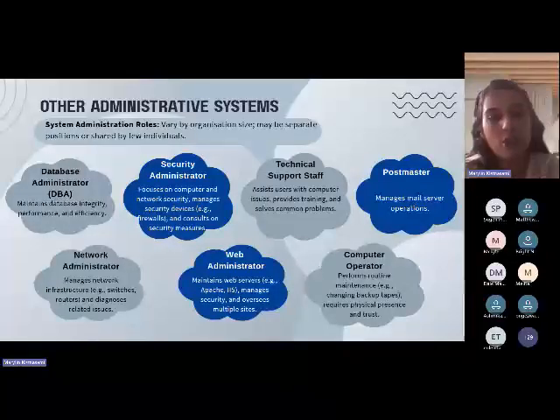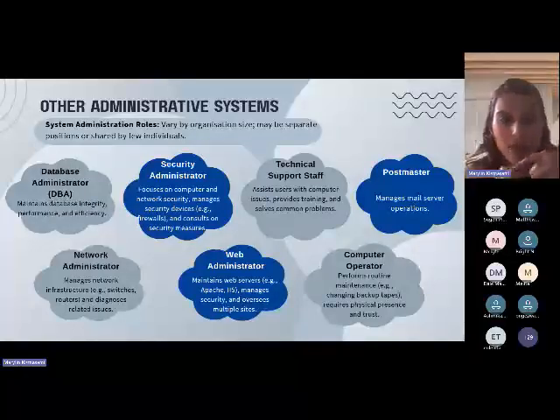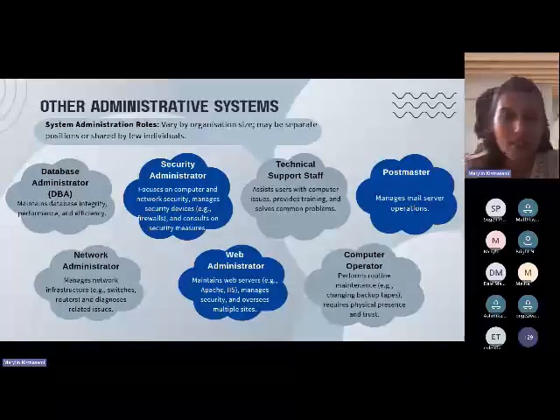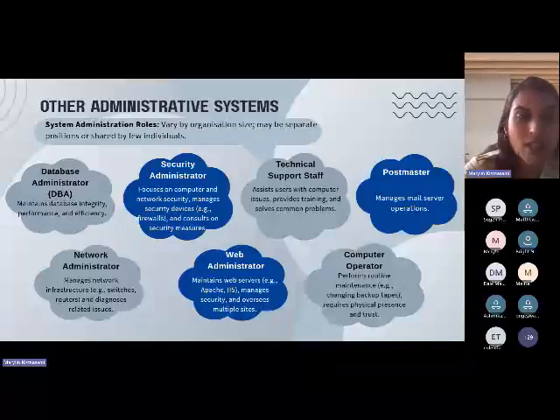Okay, if we're going to look at the specialized roles and the key functions of other administrative systems, you're looking at a data administrator. So a data administrator maintains and manages a database system. They're responsible to ensure that there's data integrity, which is ensuring the accuracy and consistency of that data.